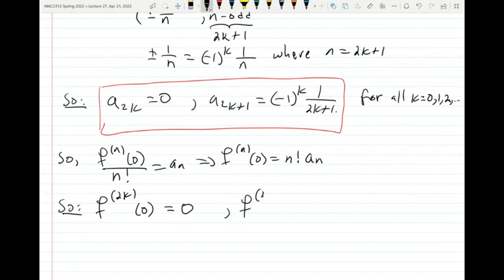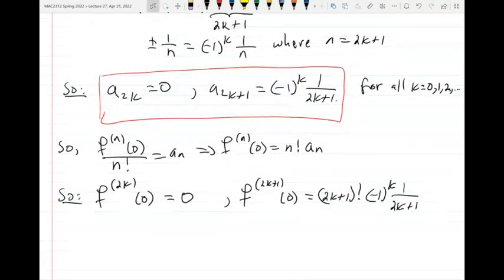And if you have an odd derivative evaluated at 0, what do we get? 2k plus 1 factorial times negative 1 to the k, 1 over 2k plus 1, right? Just plugging into this formula.